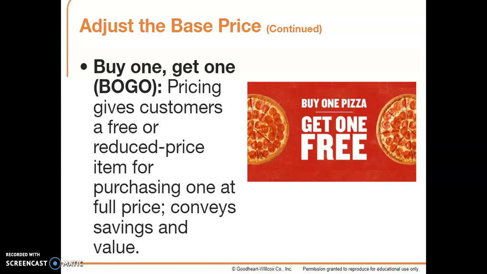Sometimes that helps to bring people in the store, number one. And number two, even though they're getting the second product at half price, the markup on that product could be more than half price, so you're still getting more profit from offering that second item.